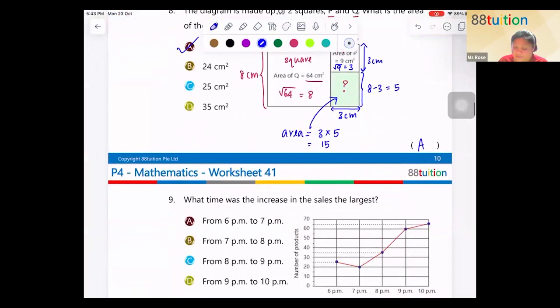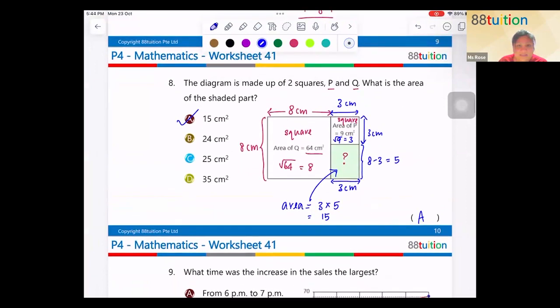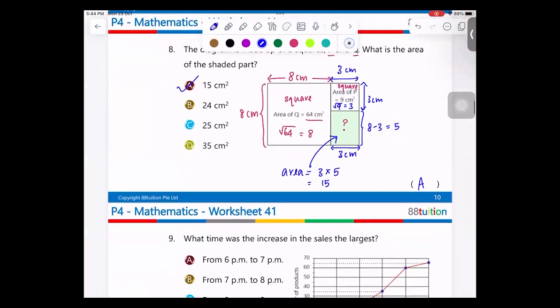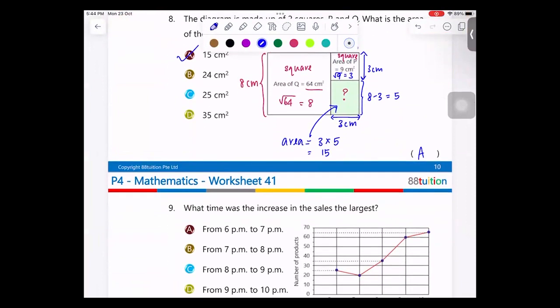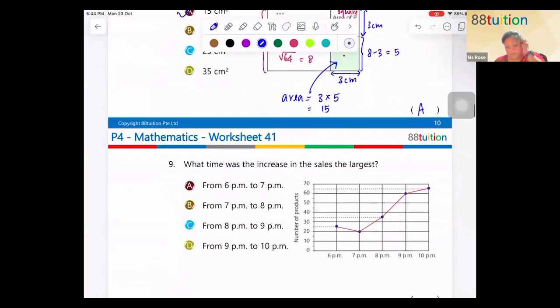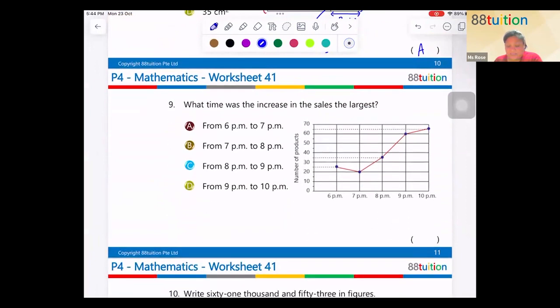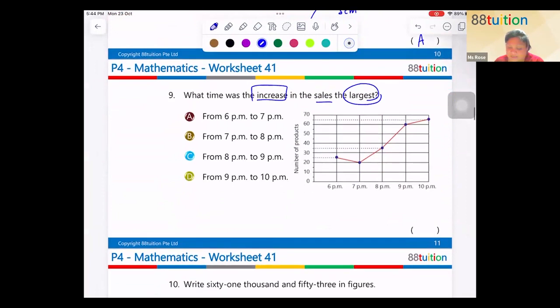And question 9. So anyone still needs this? No? Okay. And question number 9, what do we have? The question says, at what time was the increase in the sales the greatest or the largest? So can you see that this is a decrease? Everything else here is an increase.